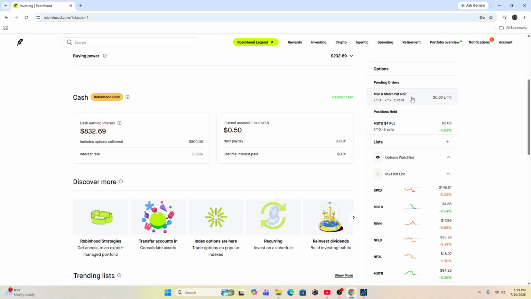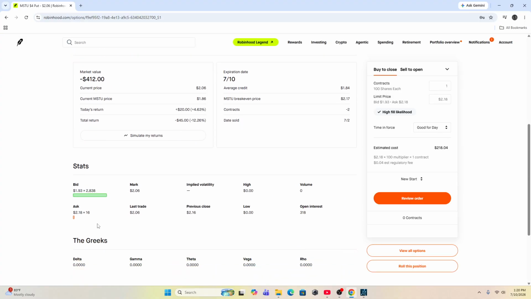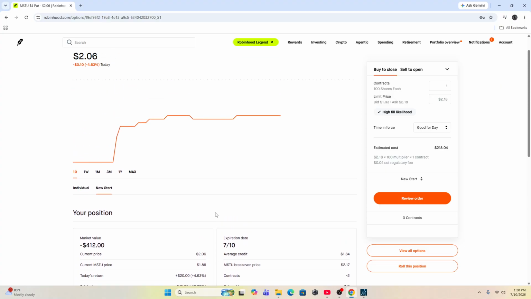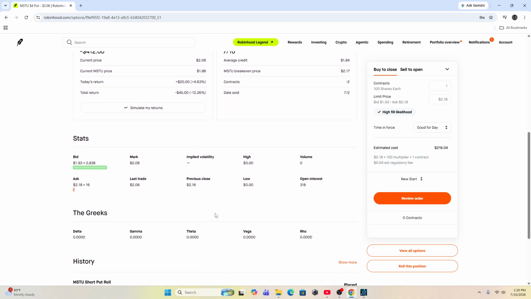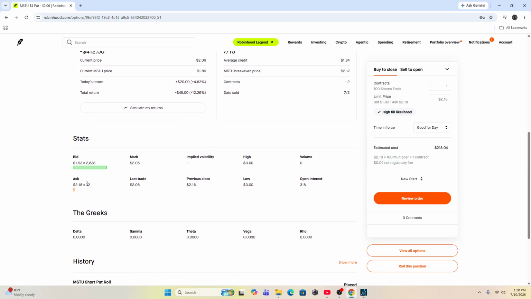So I guess if that just sits there, it should go through at some point. What is the bid and the ask here? They're asking 218. Where's the current MSTR price? Still 186. So yeah, that should be like $2.14 there.